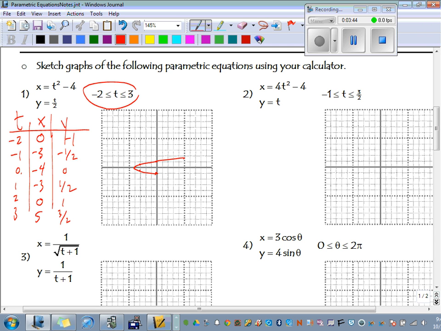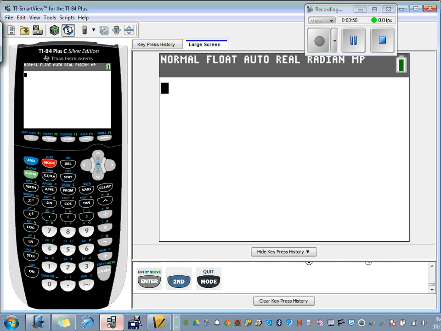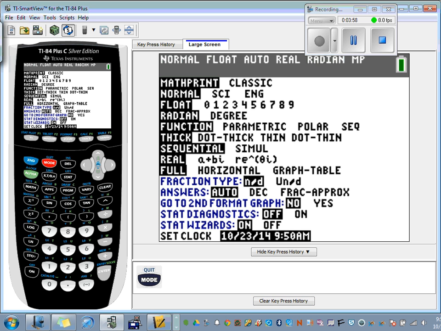Now let's take a look at how we would do this on our calculator. Well, one very important thing with your calculator is you have to change modes. If you go to mode, right now your calculator is probably in function mode. We want to change it to parametric mode.